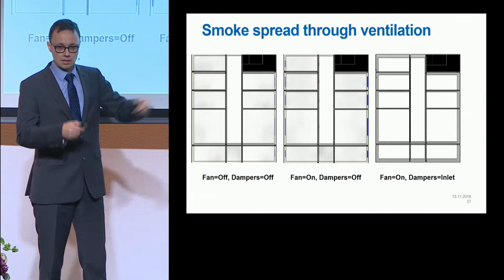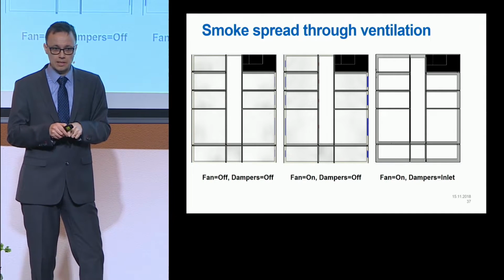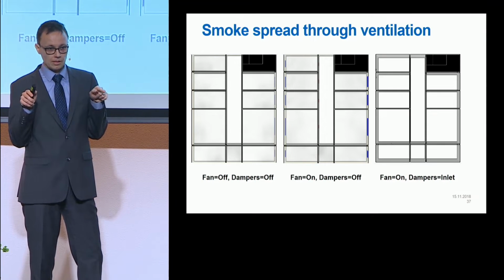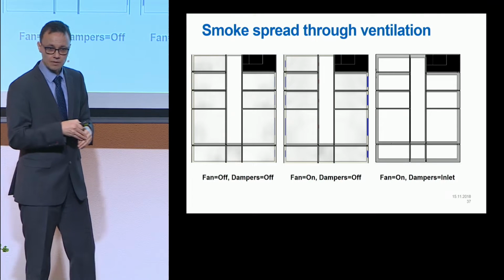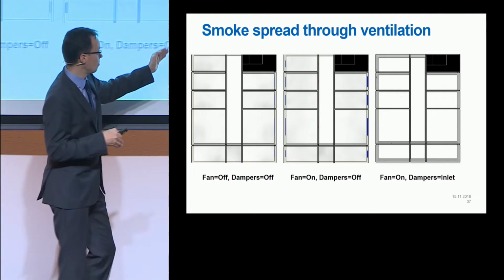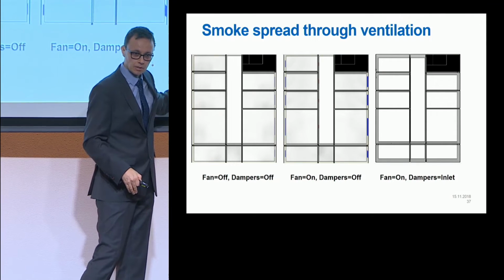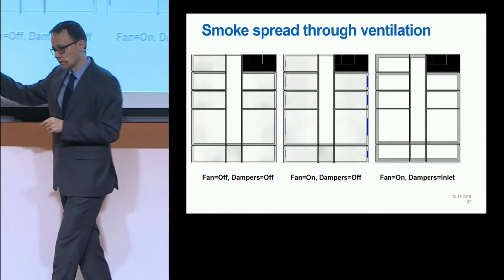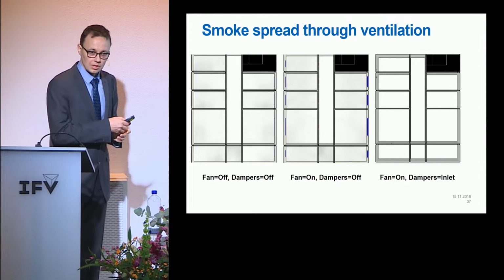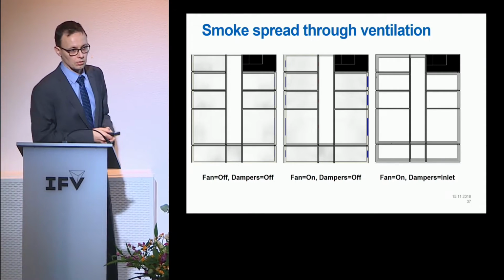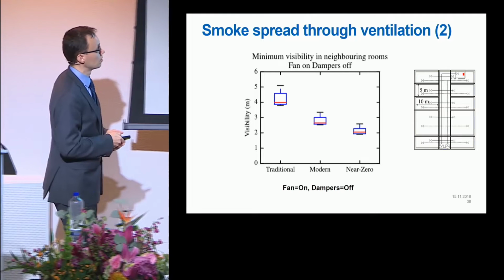It means that the smoke spreads mainly through the inlet ducts, the inlet branch. If we have the exhaust branch open and fan operating, the pressure differences in the ventilation system are high enough to extract the smoke from the system, and it's not going to neighbors.